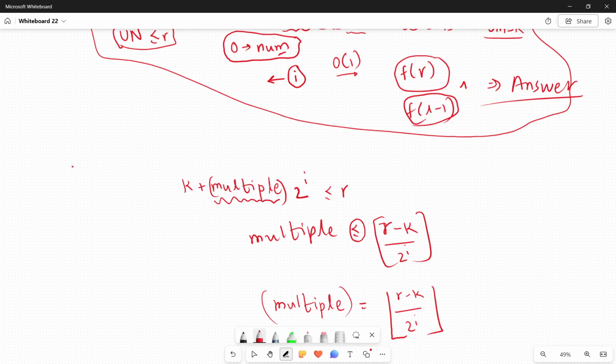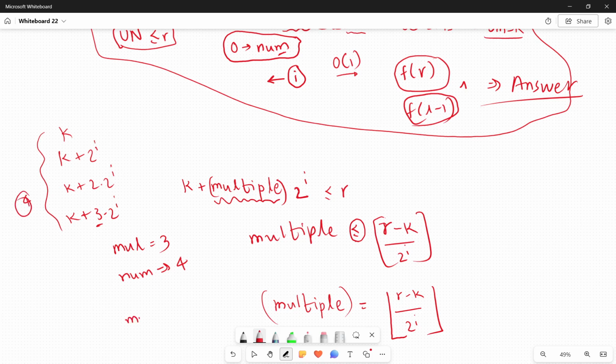And how many numbers will be there? So k, k plus 2 to the power of I, k plus 2 into 2 to the power of I, k plus 3 into 2 to the power of I. So if the multiple is 3, then the number of uninteresting numbers will be 4, right? So these are 4 numbers, so it will be mul plus 1, right?